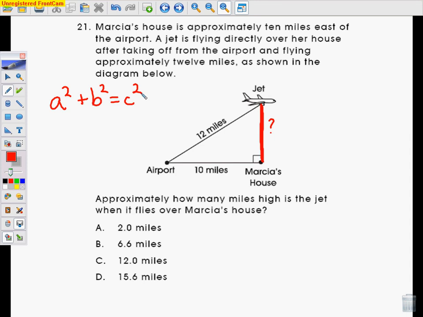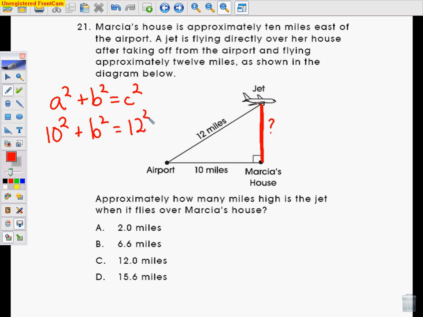So here a could be 10, so we'll do 10 squared plus b squared, we don't know, we'll just call it b squared still. Equals c squared. C squared is always going to be the hypotenuse squared. So that'll be 12 squared.